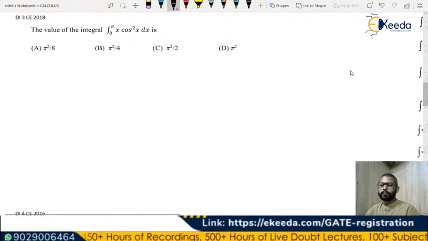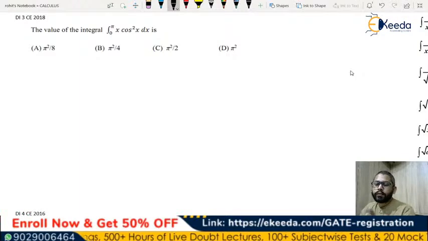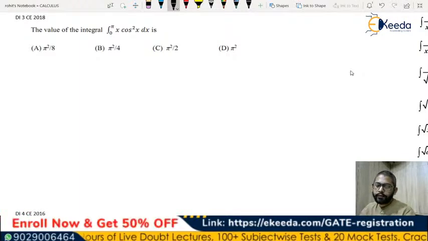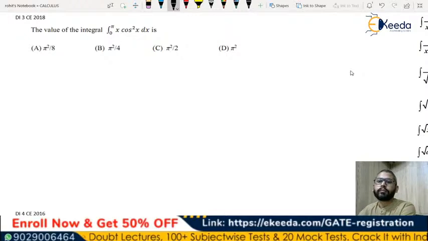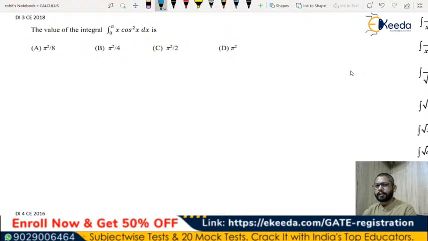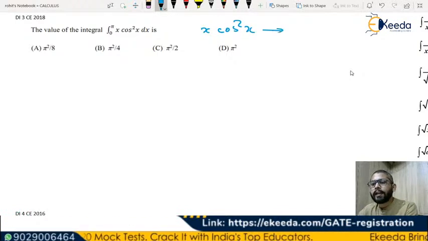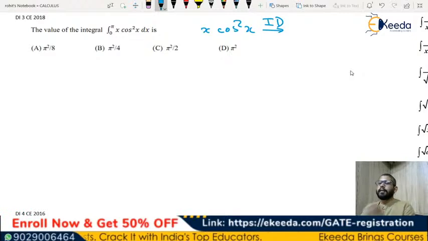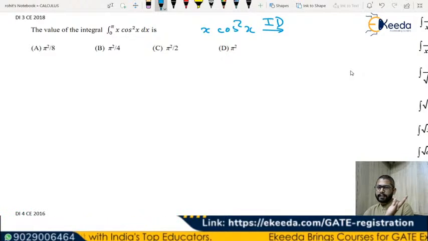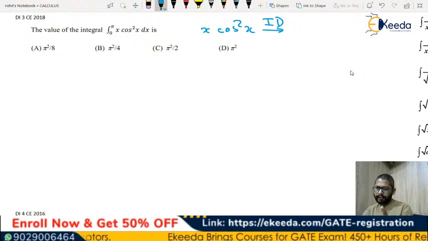Let's say this one. This will require the property of definite integration. Of course, you can solve x cos square x as an indefinite integration, and maybe you'll split this cos square x and then do it.